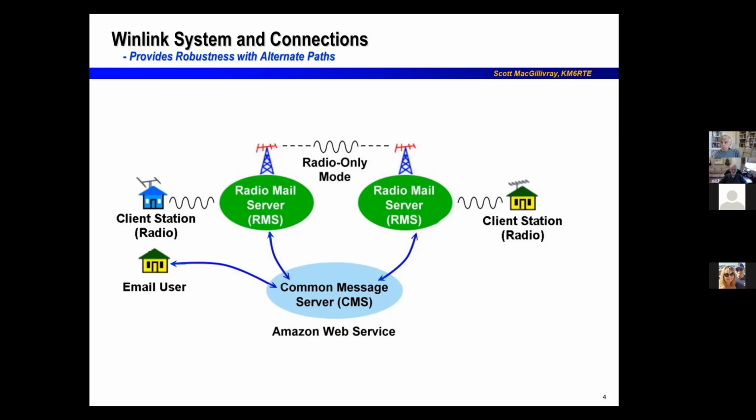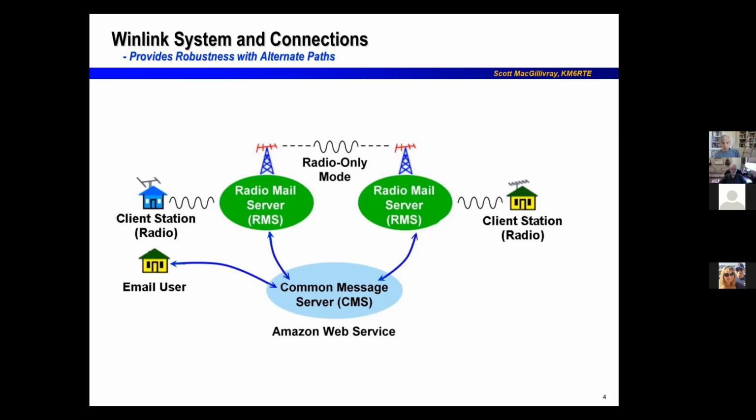What we're going to focus on today is setting up a client station that communicates with a radio mail server, an RMS gateway, via RF. And then these RMS gateways are connected through the internet to the CMS servers. That's how they transfer messages around the world.